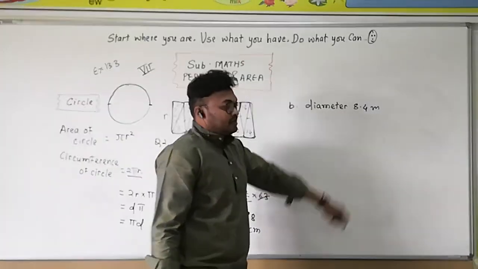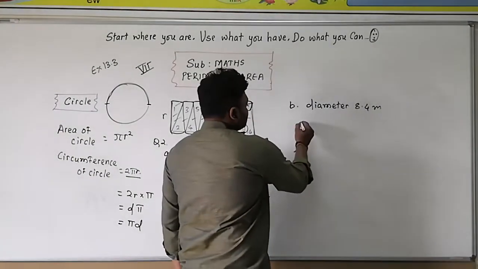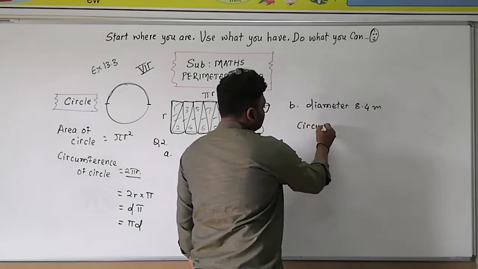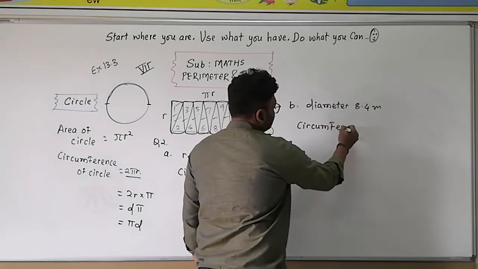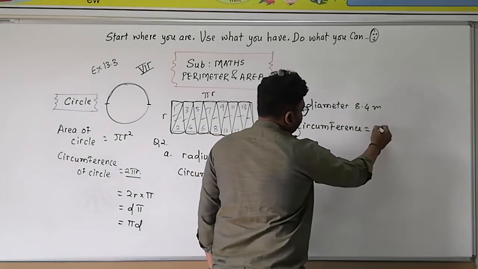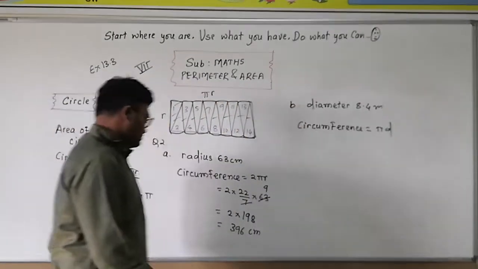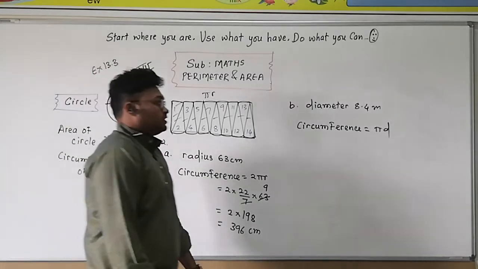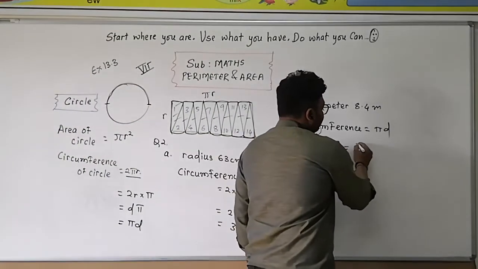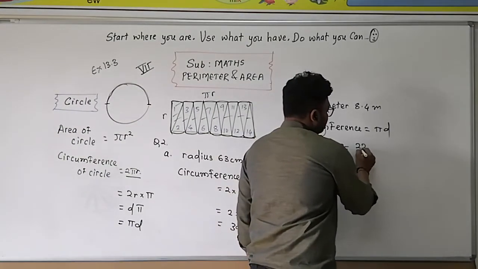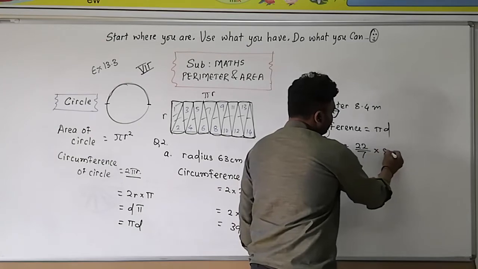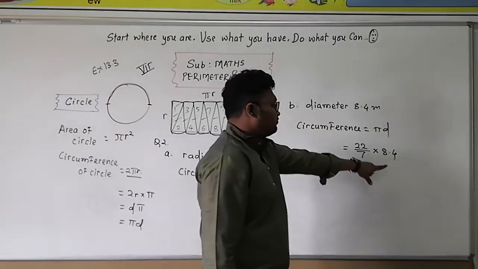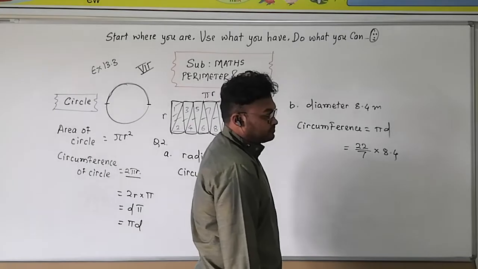Now the next case, diameter 8.4. So the circumference of the circle is pi d. Why pi d? Because I have shown you why pi d. So it is again 22 by 7 into 8.4. You can calculate, 8.4 is also divisible by 7.